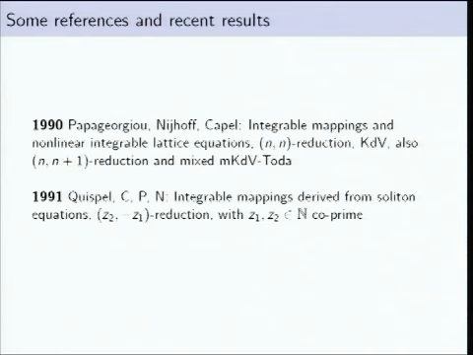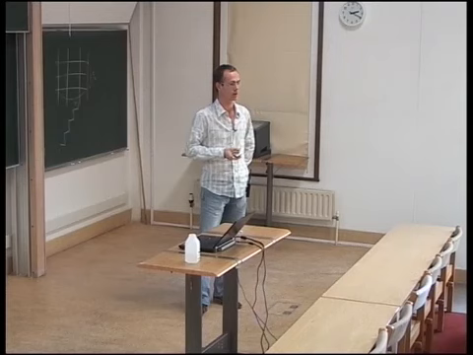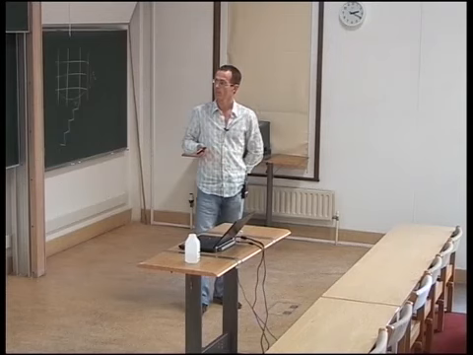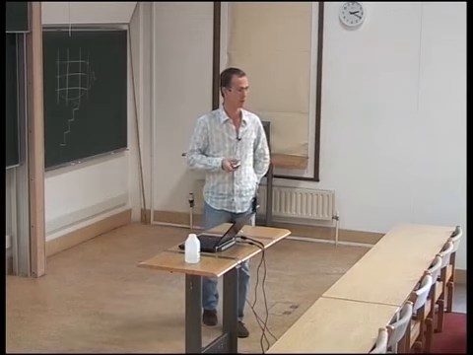So recently we've generalized this. This condition where these numbers are co-prime, we don't have that condition anymore, and we actually realized and proved that this monodromy matrix is a Lax pair for the ordinary differential equation that you get by performing this reduction.